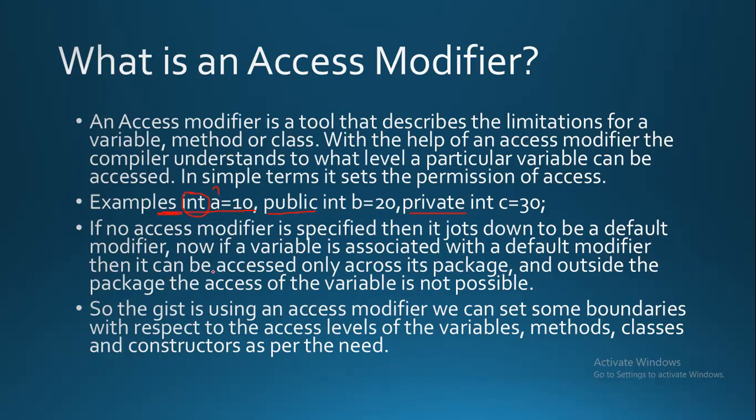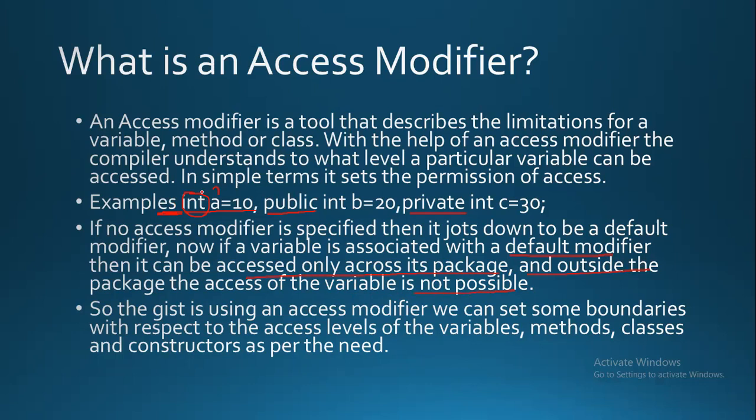So if the access modifier is a default modifier, then you can access that particular variable only within the package. And outside the package, the access of the variable is not possible. So this is how it sets the permissions with respect to access.